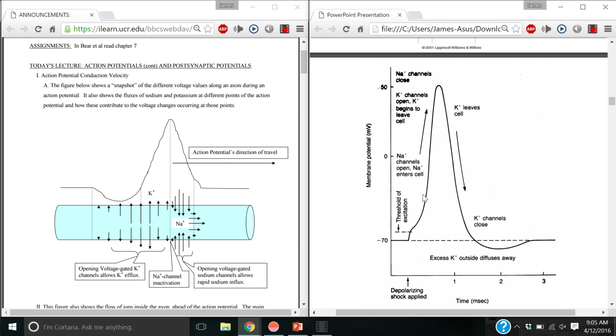So how do you decrease the internal resistance to the flow of these ions? That's very simple. You make a bigger axon. The larger the diameter of the axon, the less the internal resistance, the more rapidly these charged ions can flow ahead of the rising phase, the faster the action potential conduction velocity. Questions?